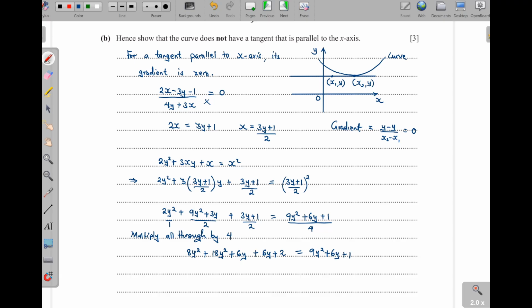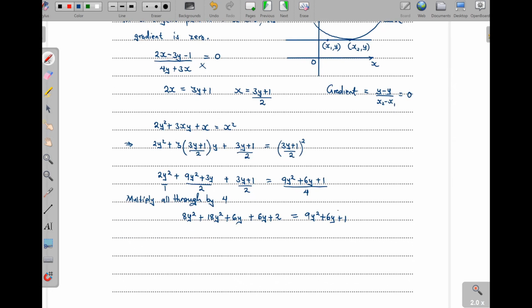Okay? Then from there, we can simplify. Of course, this one can disappear with this. Not so? Then this one will be 26y squared. Okay, let me write 26y squared, then plus 6y plus the 2, then bring everything this side.